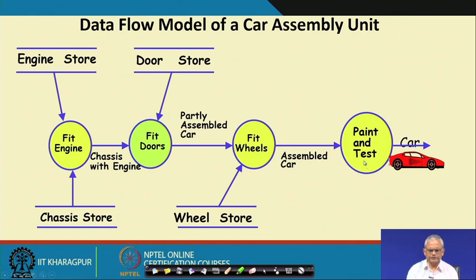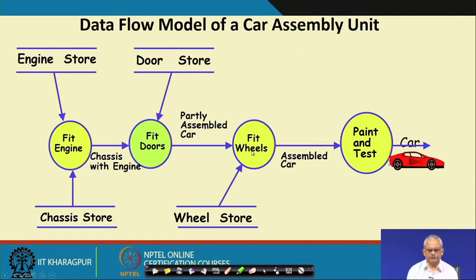You can observe here that each of the processes represents some activity, and that is why these are starting with the verb form: fit engine, fit door, fit wheel, paint and test.